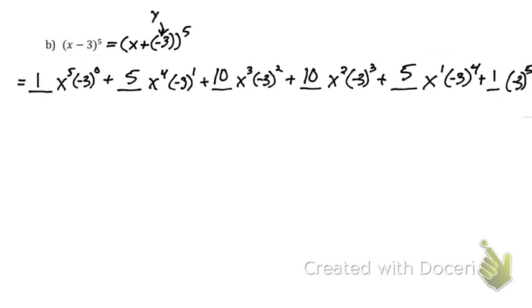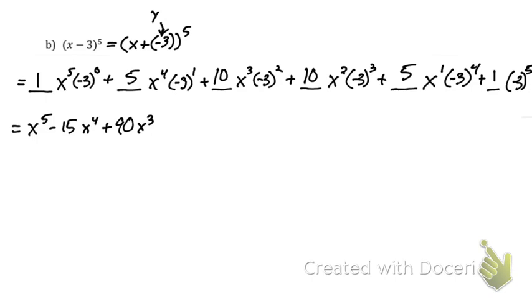All right, then we just have to do this math. Negative 3 to the 0th is 1, so we're going to start out with just x to the 5th. Now we're going to have negative 3 to the 1st, which is negative 3, times a 5 is going to be negative 15x to the 4th. For our next one, we have negative 3 squared, which is a positive 9. 9 times 10 is going to be 90 x cubed.